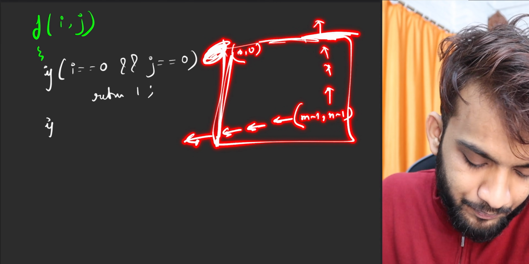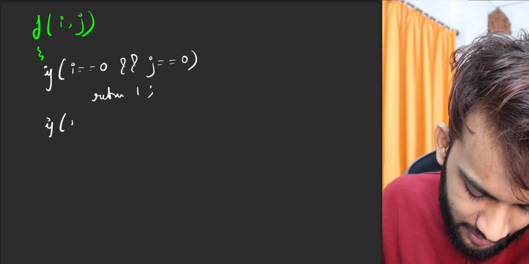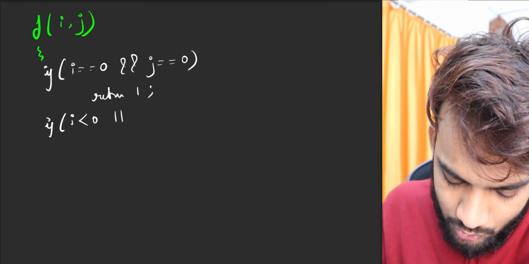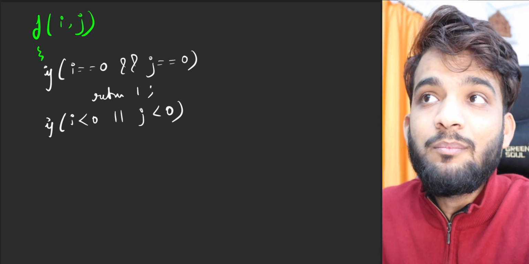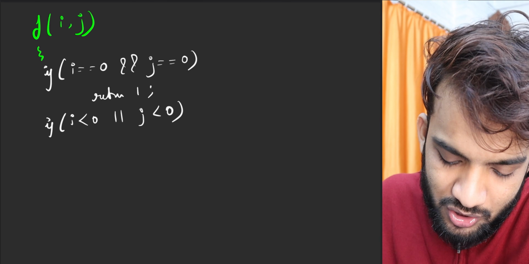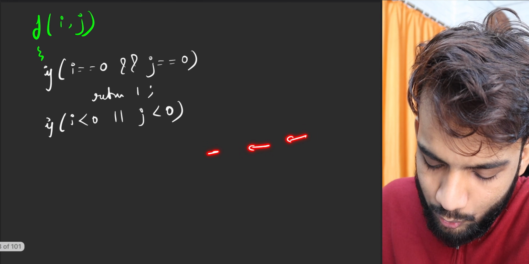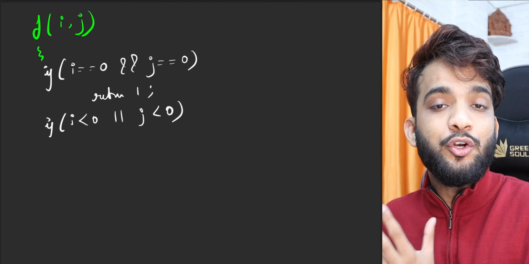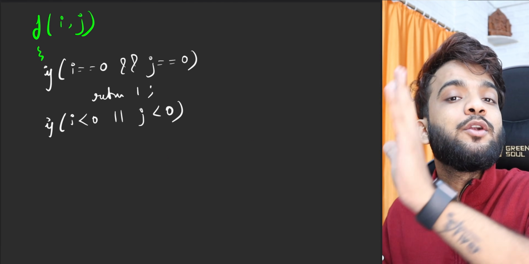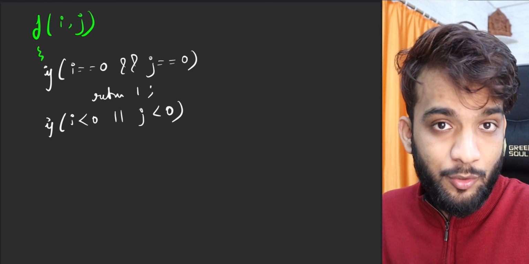Very straightforward. So what I can say is, if the row number goes lesser than 0 or the column number goes lesser than 0, that path is something which is not a path, because it took you out of the boundary, and I wanted to travel inside the matrix in order to reach from m minus 1, n minus 1 to 0. So you got out of the boundary, right?